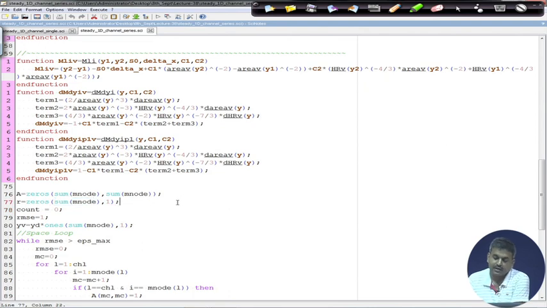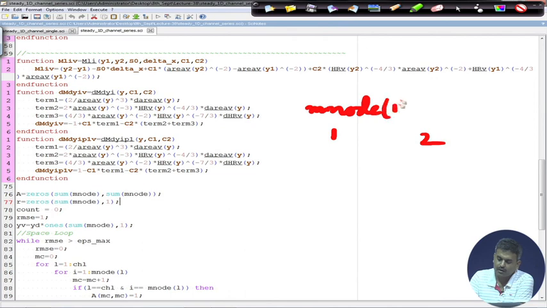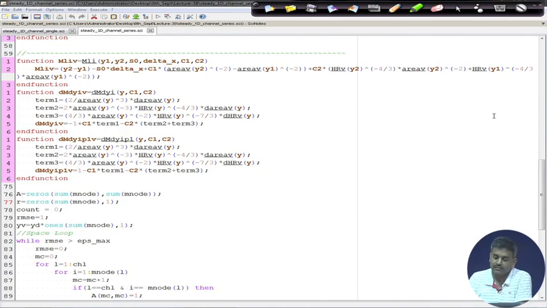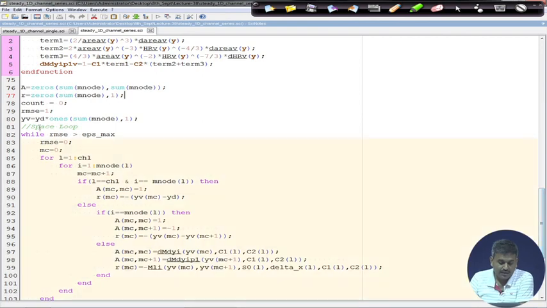That means if we have two channels 1 and 2, we have M node 1 and M node 2, then we can add these, as that many variables we need to determine because we need flow depth for the channel length. So, in this case again we will consider YD, which is the initial guess for our Newton-Raphson.